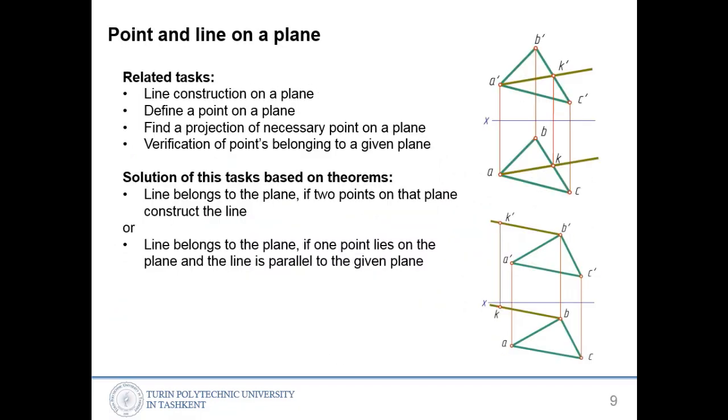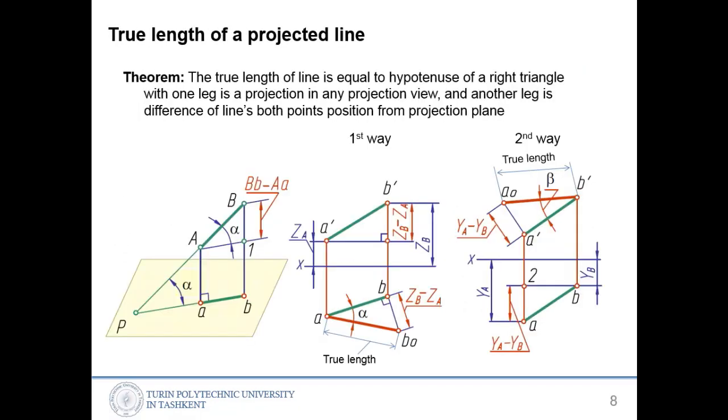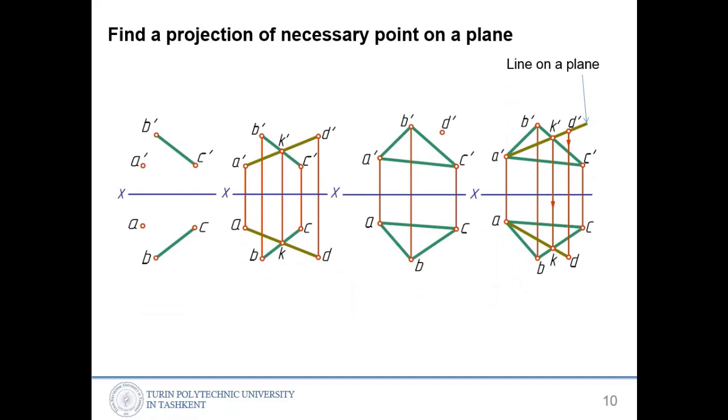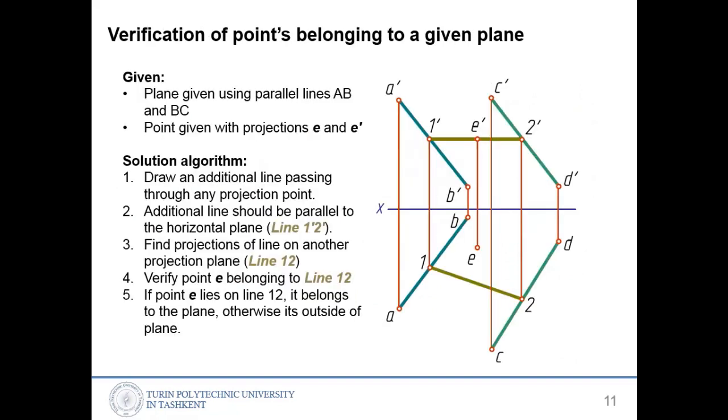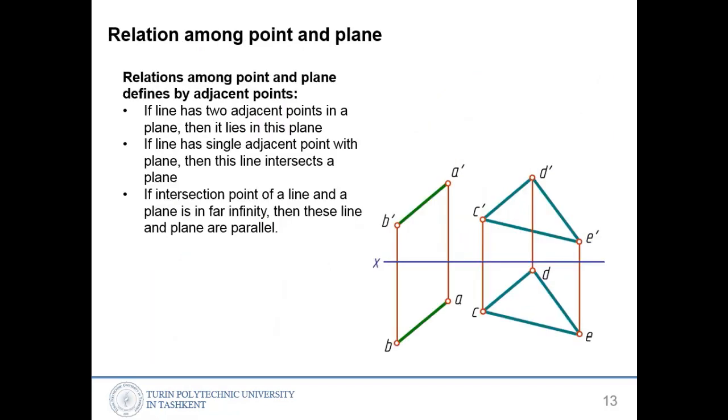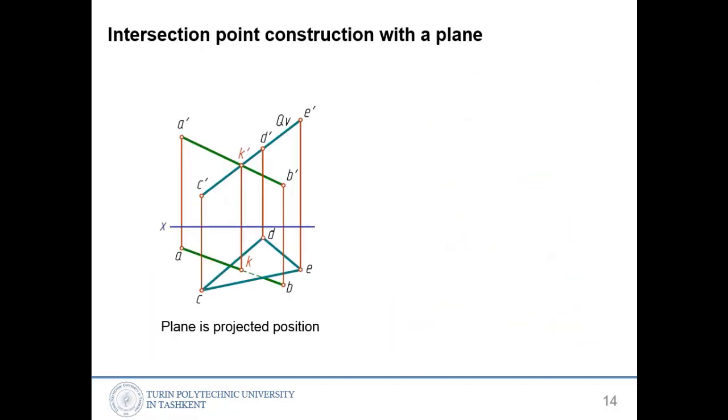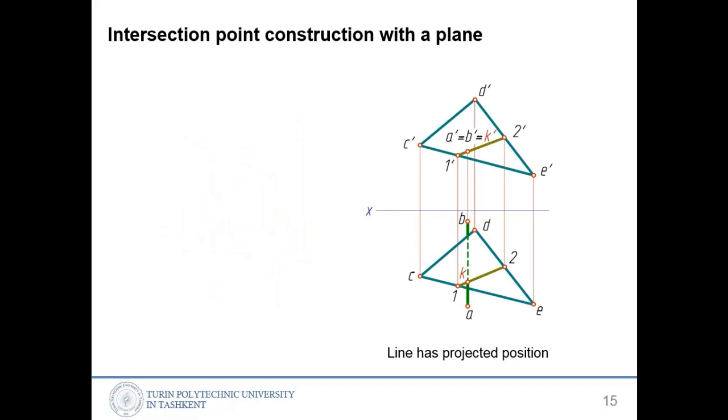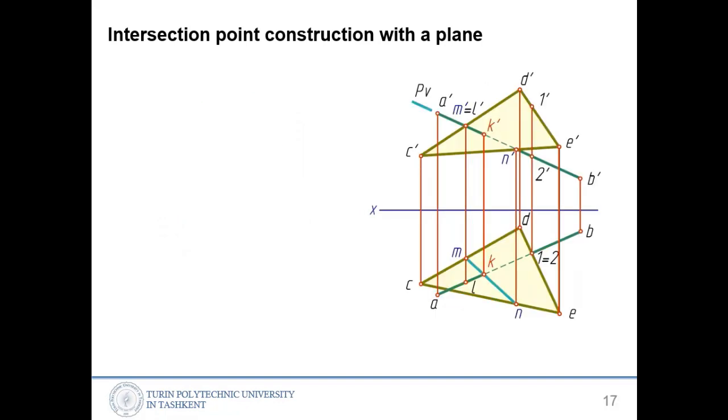And also how to find true lengths and true shapes of triangles, finding projection points, the intersection of two lines, and how to find an intersection point construction with a plane were studied. And then we stopped at this example.